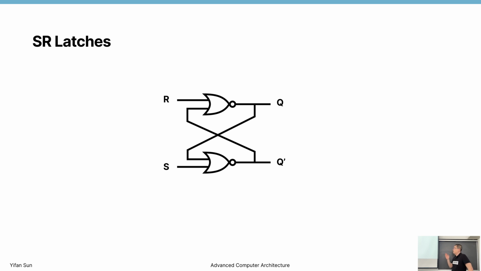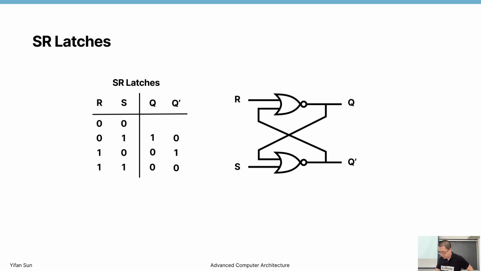So let's draw a truth table and try to analyze what it's doing. Since these are OR gates, it's easy to understand that if one input is 1, then the OR gate is connected. So this is an OR gate: if any input is 1, the output will be 1.